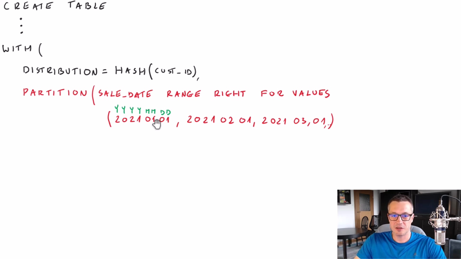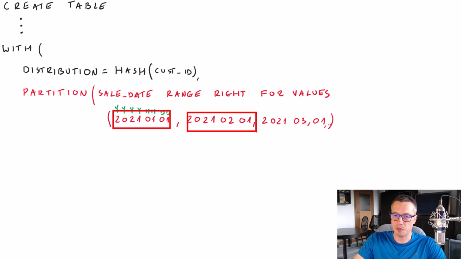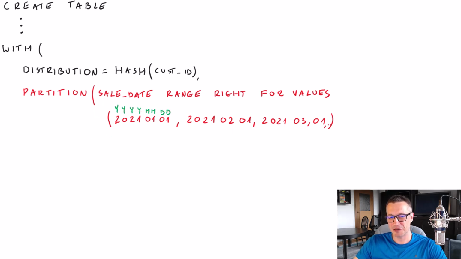And actually, those values that you provide as boundary points have to be values that are available in the column that you chose for partitioning. And usually, in case of data warehouses, you want those foreign keys to not have any business meaning. That's why you would use those surrogate identity keys like 1, 2, 3, and so on.